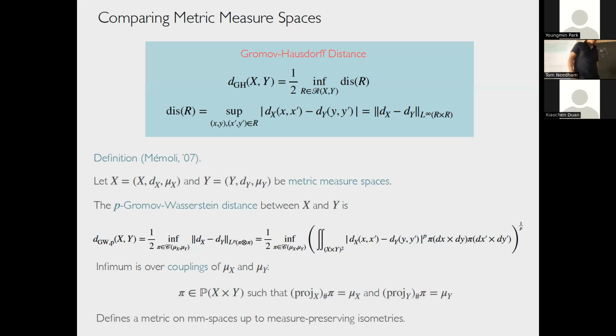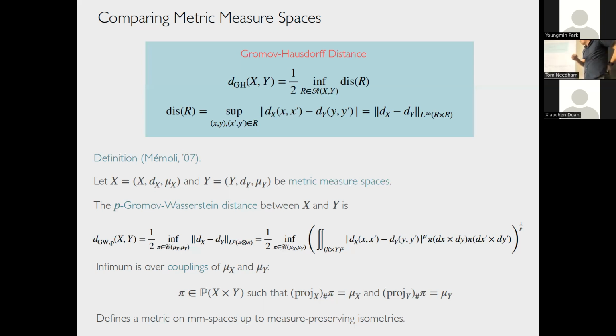So these are measures on the product space which reflect the measures on the spaces I started with. You can think of these as weighted correspondences, giving the probability that a point in X should be paired with a point in Y, rather than the hard matching we have in correspondences.